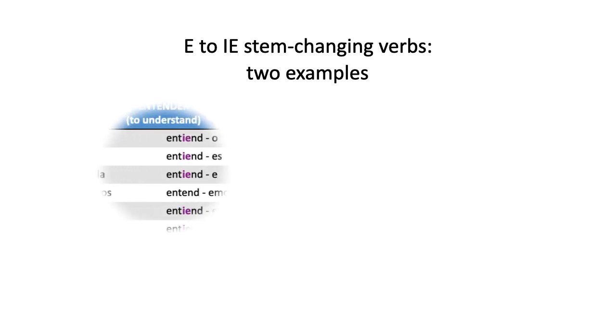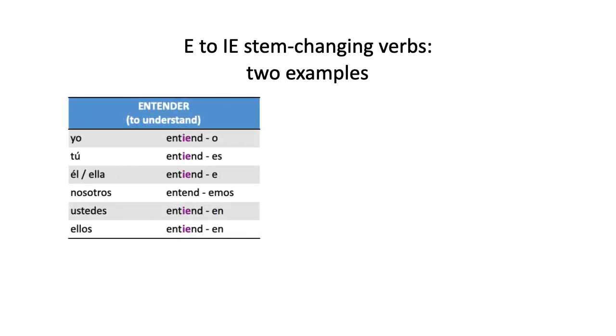Let's look at entender, for example. It means to understand. And this is its conjugation. What did I do here? It's quite simple, right? I got rid of the last two letters of the infinitive, so I got rid of the R and the E. By doing that, I obtained the stem, which is entend, right?